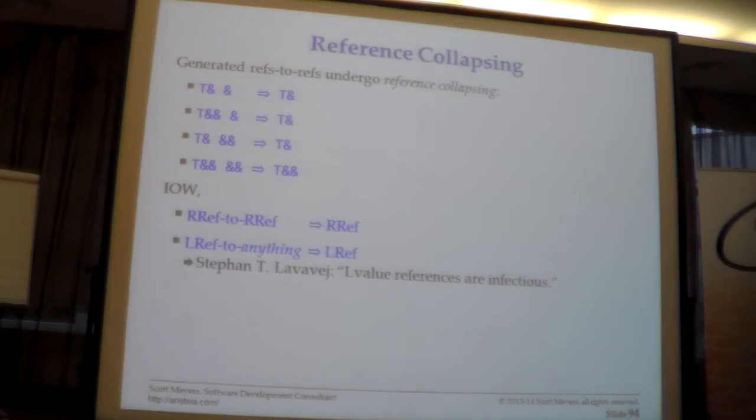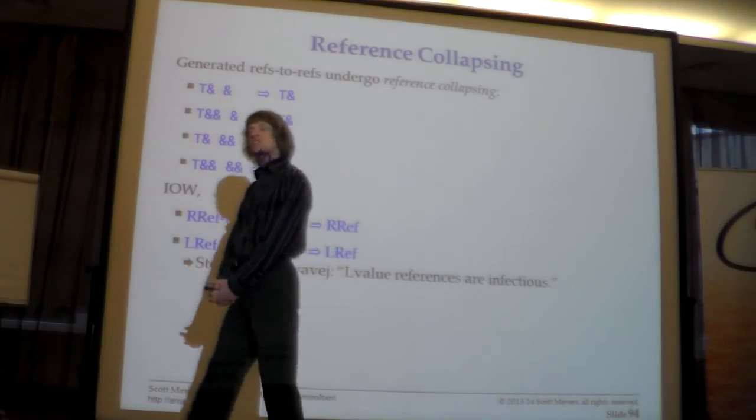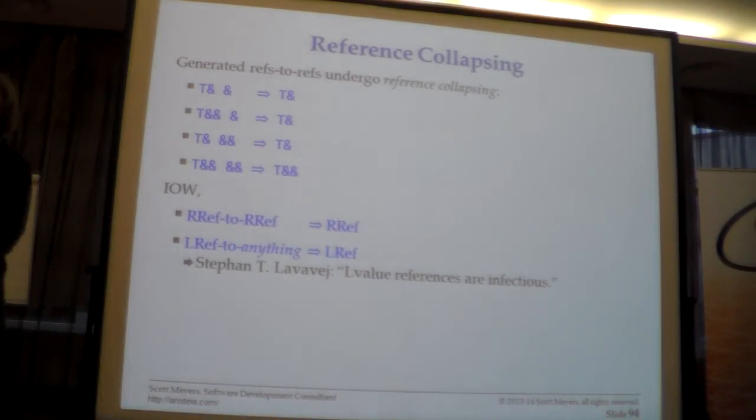Anytime you have a reference to a reference that arises like this, we have a process known as reference collapsing that kicks in. There are two reference types, L value and R value. There are therefore four possible combinations. If I have an L value reference to L value reference, I get an L value reference. L value to R value is L value, R value to L value is L value, R value, R value, R value.